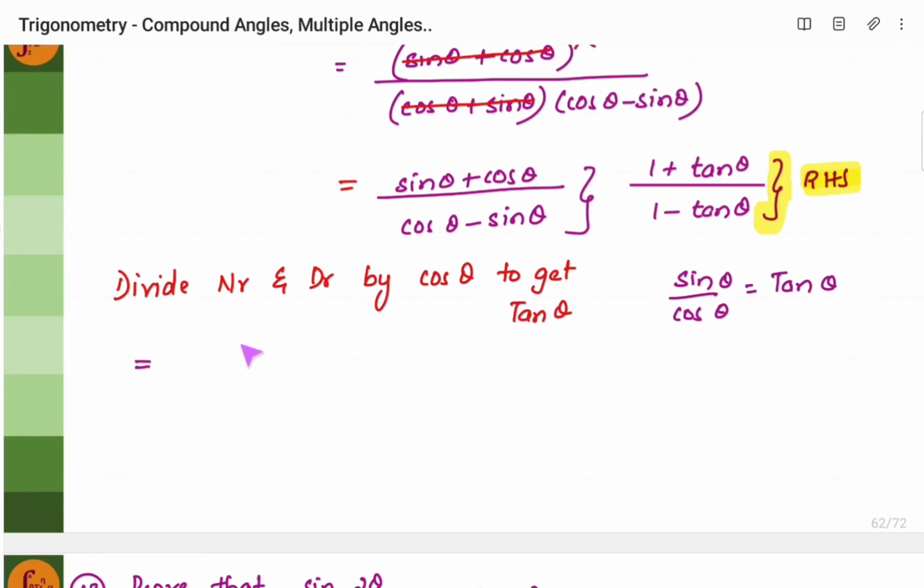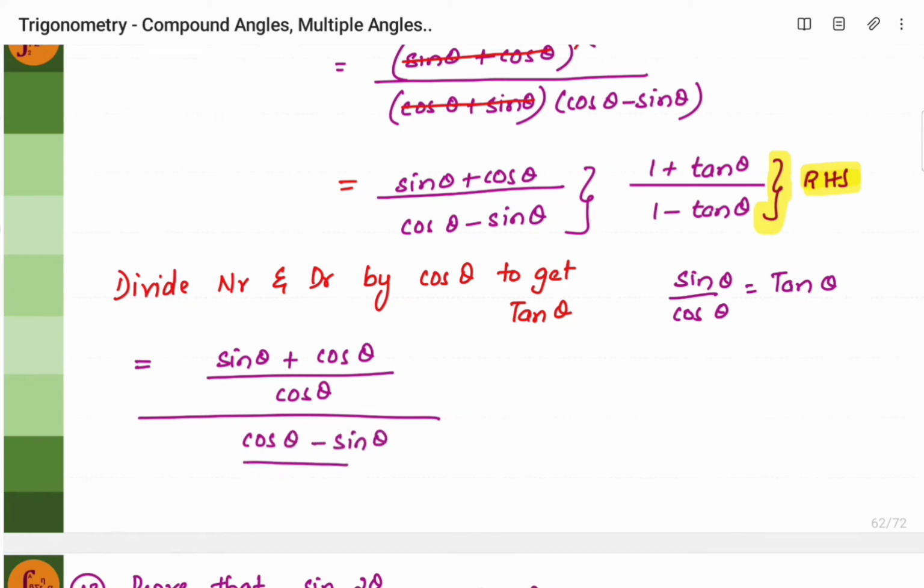So this is nothing but sin theta plus cos theta by cos theta, divided by cos theta minus sin theta, again divided by cos theta.